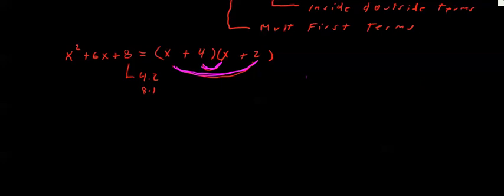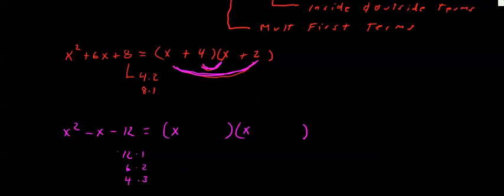Let's look at another one. x squared minus x minus 12. The first two terms come from x and x. 12, and it's a negative 12, comes from 12 and 1, 6 and 2, 4 and 3.